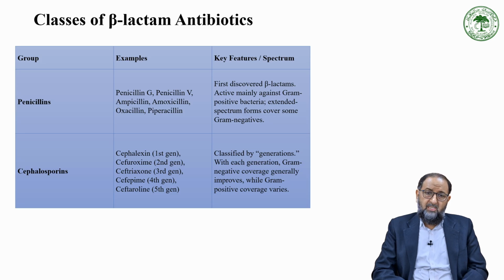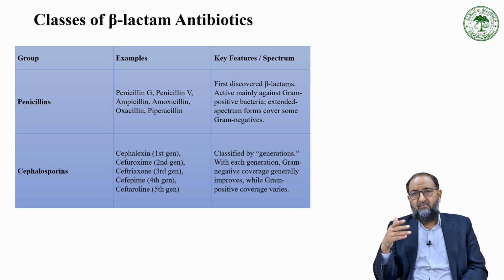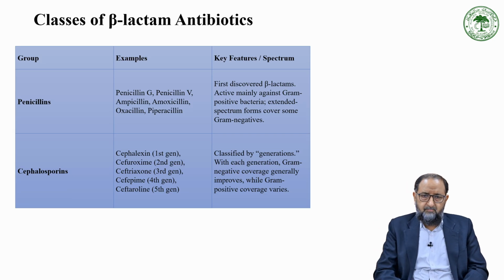This is how the different lines of antibiotics are given to patients by physicians: first generation, if it's not effective, then second generation, third generation, and so on. They are classified by generation, with each generation generally improving gram-negative coverage, while gram-positive coverage varies. So these antibiotics are good for both gram-positive and gram-negative, but mostly gram-negative. They cover a broad spectrum of gram-negative bacteria, and every next generation is better than the previous generation.